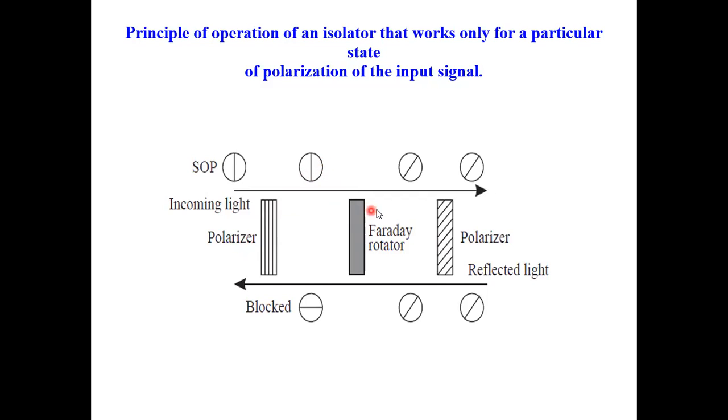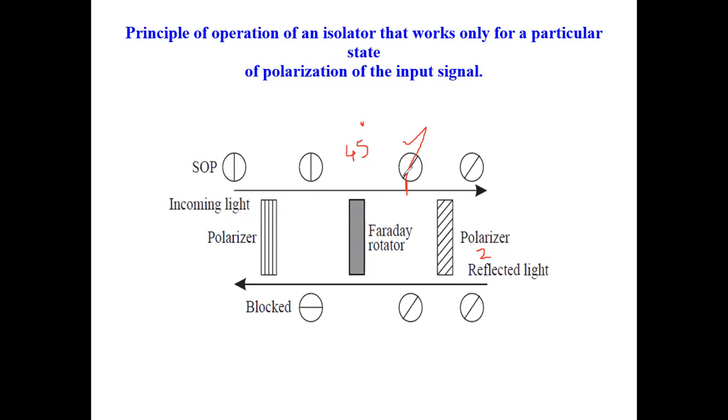Then I have a Faraday rotator. What this Faraday rotator will do is tilt this beam by an angle of 45 degrees. So the state of polarization, which was vertical, gets a 45-degree tilt, and the state of polarization becomes this way. Then I have the second polarizer, polarizer number 2, which has a state of polarization of 45 degrees.